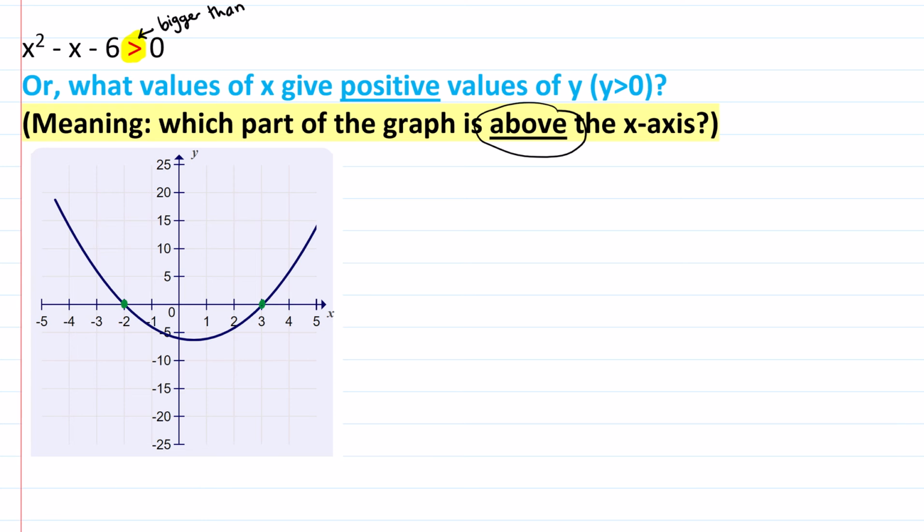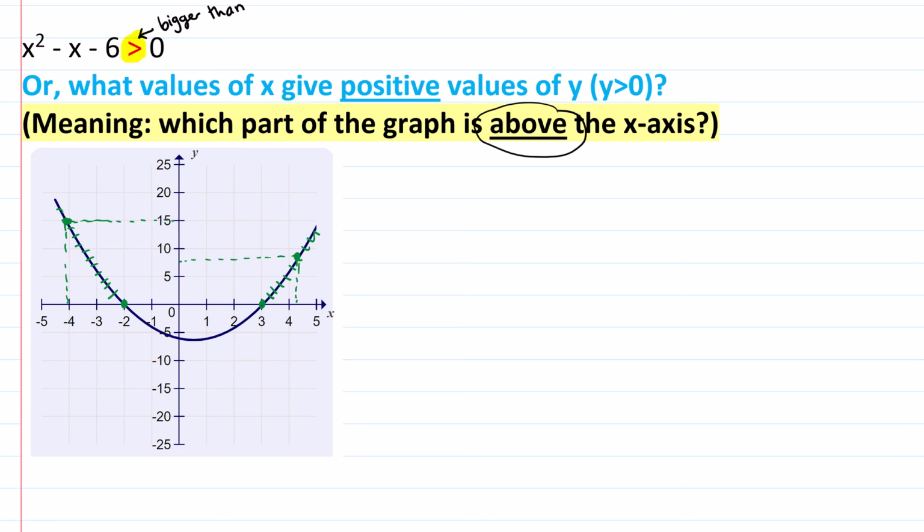And there are two separate sections. So this section, any coordinate that I choose here, is going to give me a value for x and a positive value for y. And any section I choose on this part of the graph, if I pick this point there, it will give me a value for x and a positive value for y.